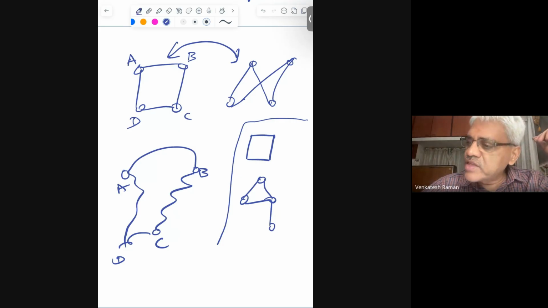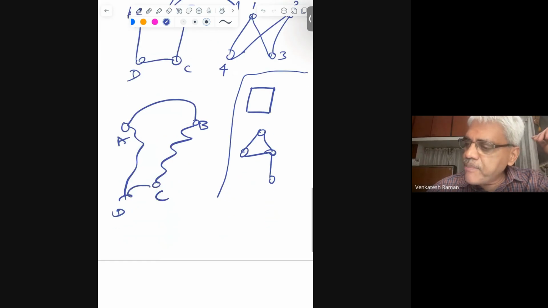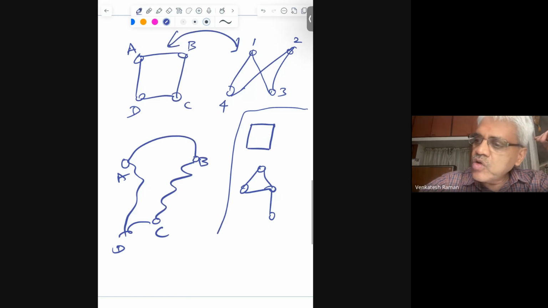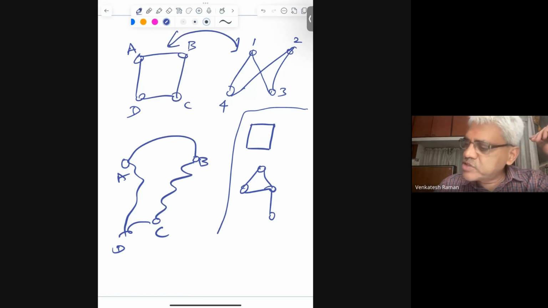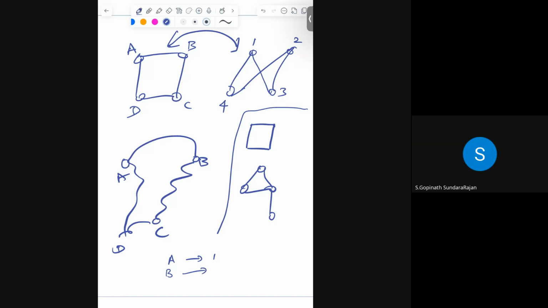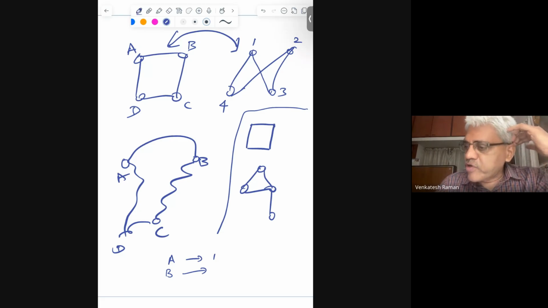So if I write this as 1, 2, 3, 4, then there is a mapping which makes these two the same. That is, I can map A to 1. And where do I map B to? 3. Or 4, for example.